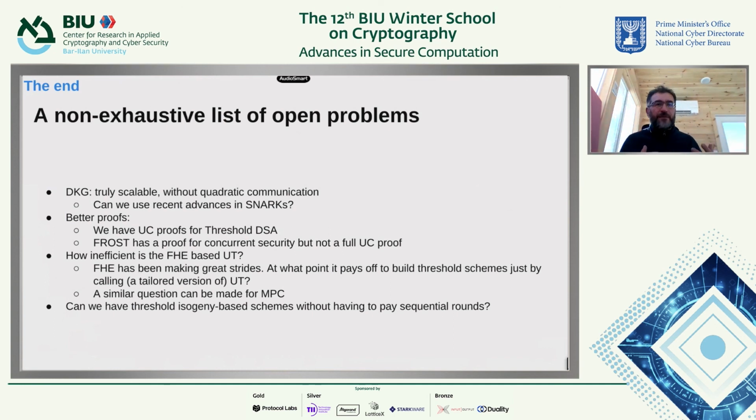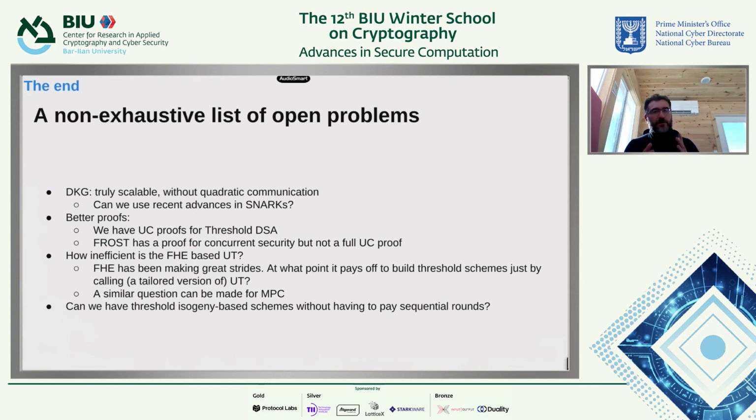MPC has been making greater strides than FHE. At some point, and I'm sort of killing my own research area in a way, it may be worth, and this is actually a question that everybody should ask when they design a threshold scheme, what am I gaining with respect to a general MPC solution? And finally, can we have threshold isogeny-based schemes that don't have this sequential rounds structure?